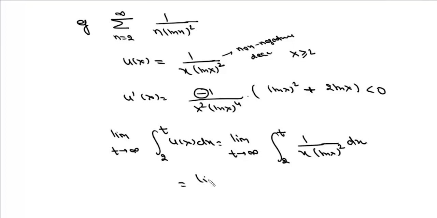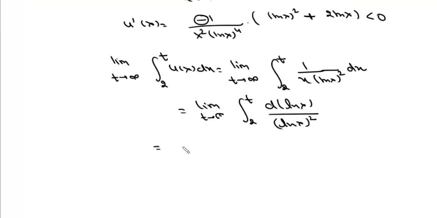Now we can write this as this limit t tends to infinite from 2 to t, and this is d log x upon (log x) square, which is this limit t tends to infinite minus 1 upon log x from 2 to t.